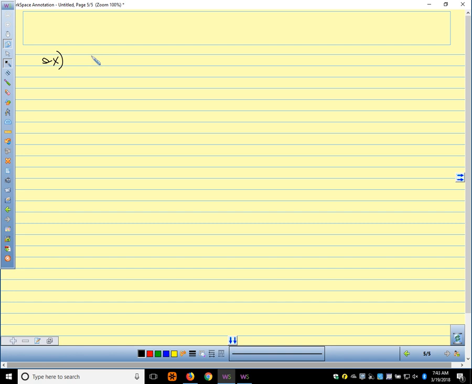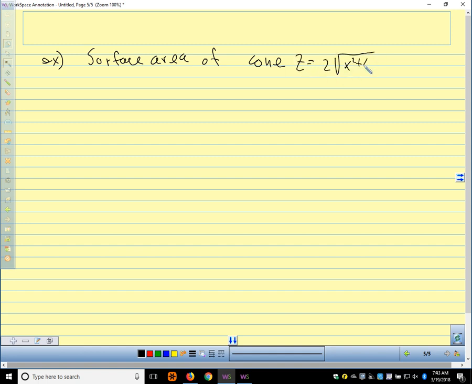Let's find the area of the cone z equals 2 square root of x squared plus y squared inside the cylinder x squared plus y squared equals 4.